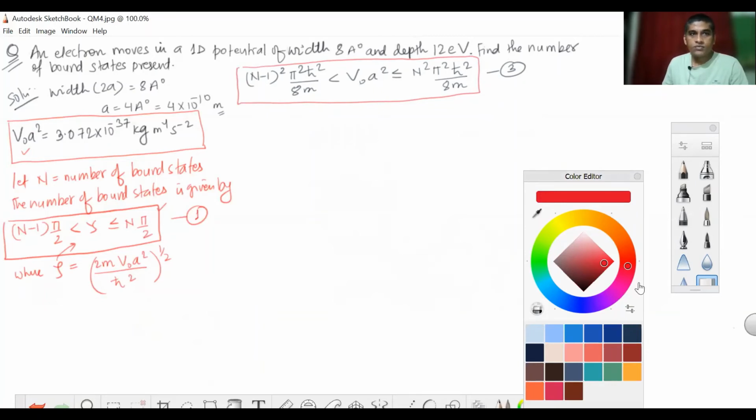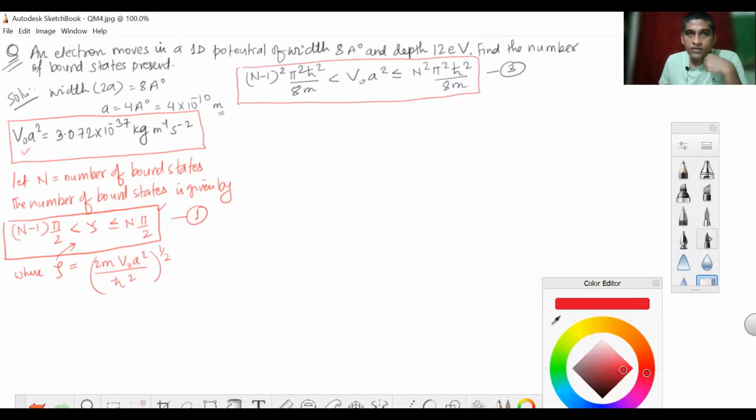Now, we know the value of V naught a square. Clear? We know the value of V naught a square. Now let us find this, okay? Again, let us find pi square h bar square by 8m, because we have pi square h bar square by 8m in relation 3.